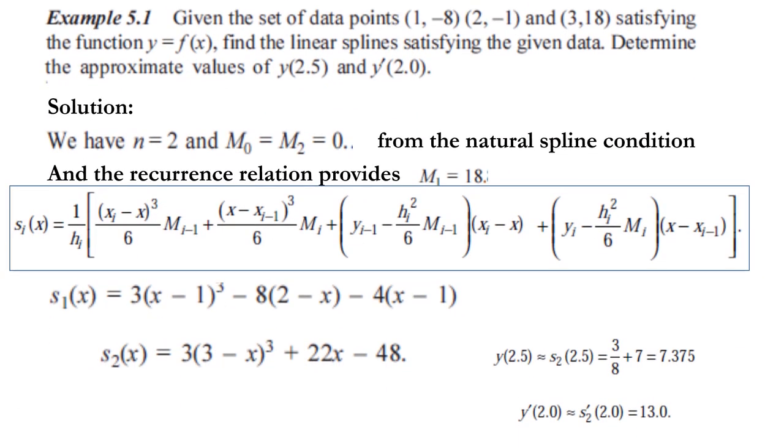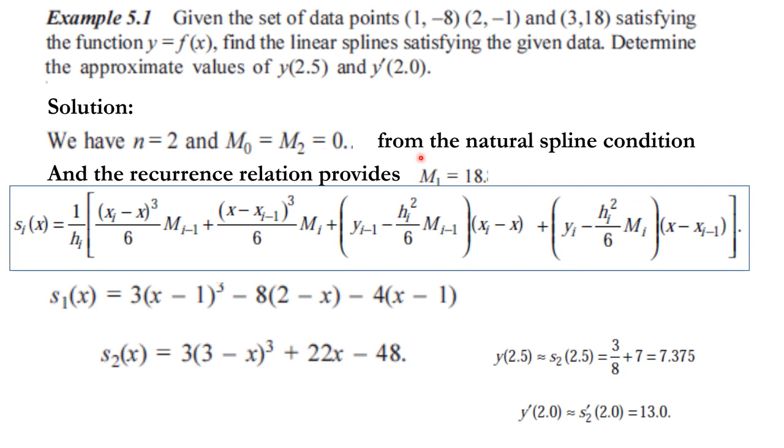So we will see the previous example, the previous data, for the cubic spline. Again we have to find y of 2.5 and y prime of 2.0. By the natural condition, we know that m0 is equal to m3 is equal to 0.